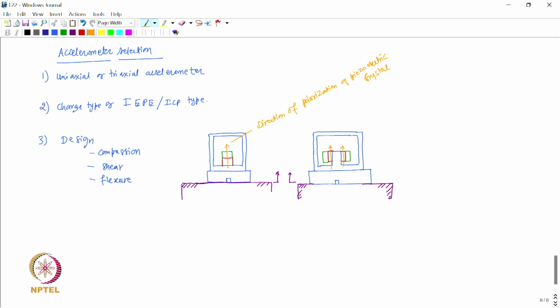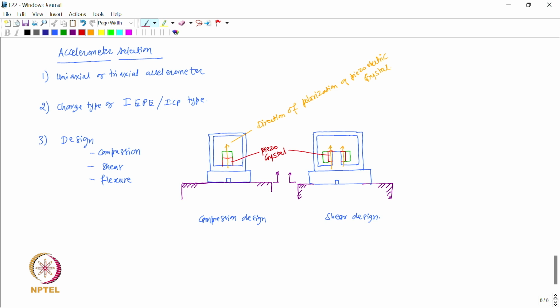So, therefore, this is compression design and this is shear design. In the compression design, the piezoelectric crystal, which is shown by red, piezo crystal, right, here also this is piezo crystal.